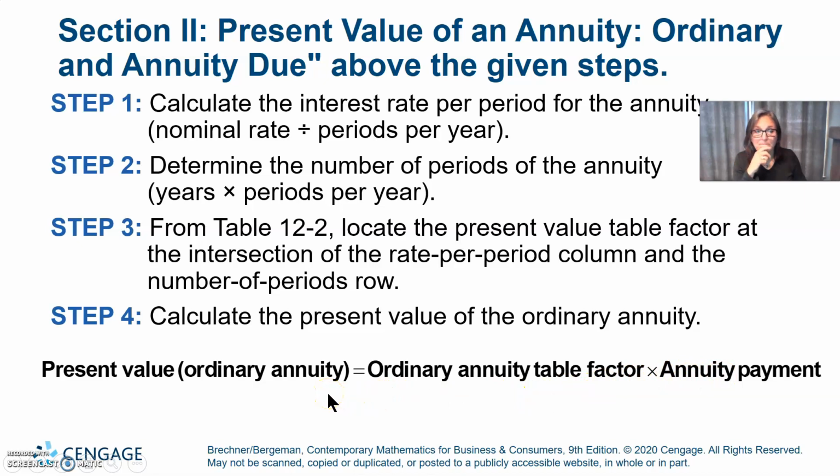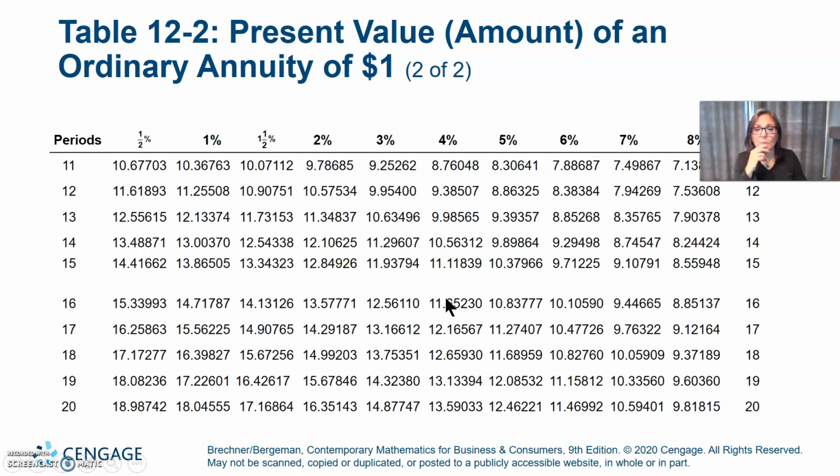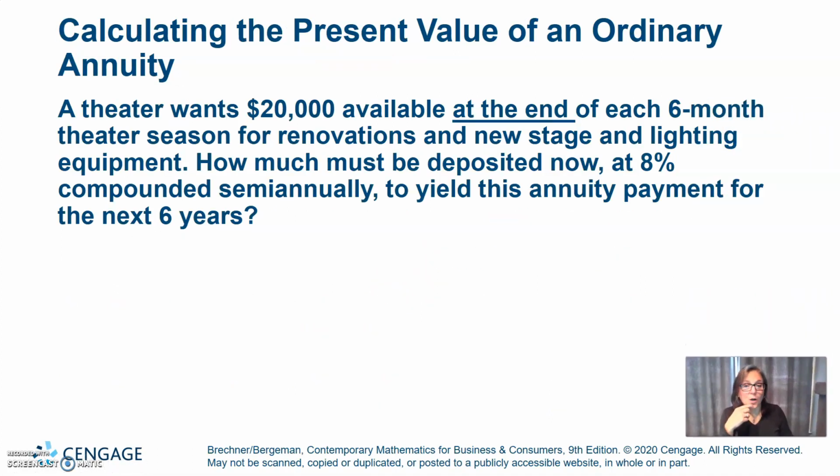Okay. So let's do an example. Here's the chart. This is a different chart, and it has to do with the value of $1. So now we're going to actually be working kind of backwards, okay? And here's the rest of it up through 20. All right, so a theater wants, so this is when we're shooting at something we want, right?